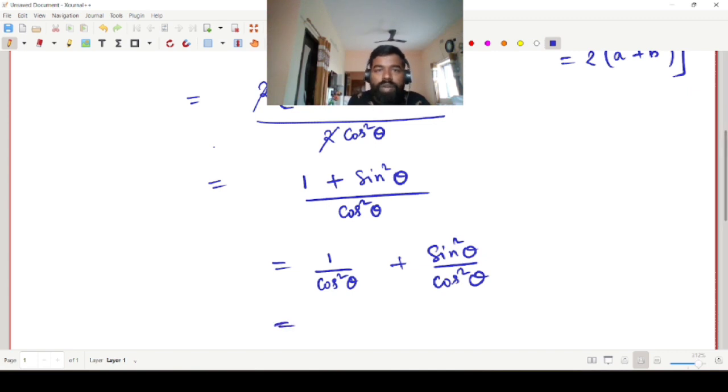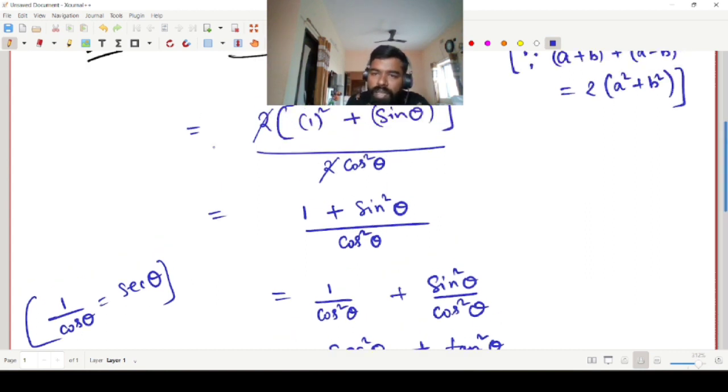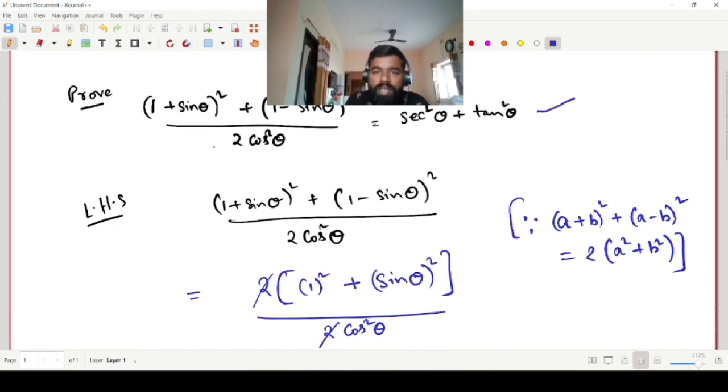So 1 by cos square can be written as sec square theta, because reciprocal of cos is actually sec. We know this, we have formulas. And then sine by cos is actually tan, so sec square plus tan square. So it simply means we have proved this, that is sec square plus tan square.